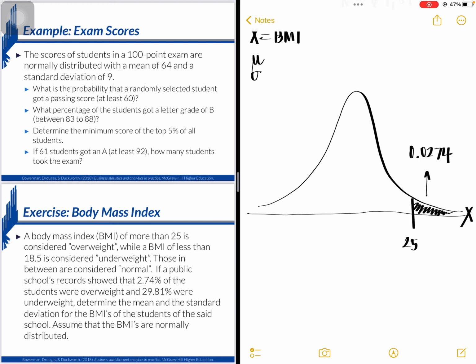For a student to be underweight, the BMI should be less than 18.5. So basically it means that the probability that X is less than 18.5 is 29.81%. So let's say this is 18.5.